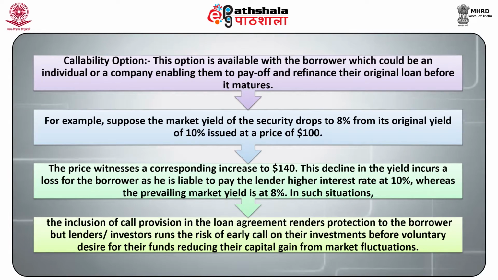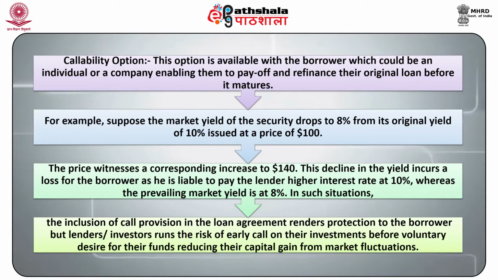For example, suppose the market yield of the security drops to 8% from its original yield of 10% issued at a price of $100. The price witnesses a corresponding increase to $140. This decline in the yield incurs a loss for the borrower as he is liable to pay the lender higher interest rate at 10%, whereas the prevailing market yield is at 8%.